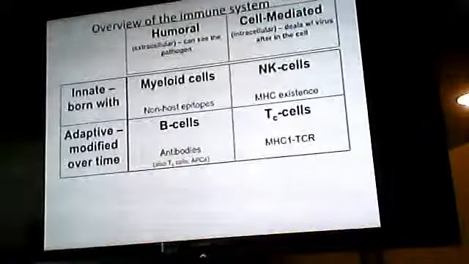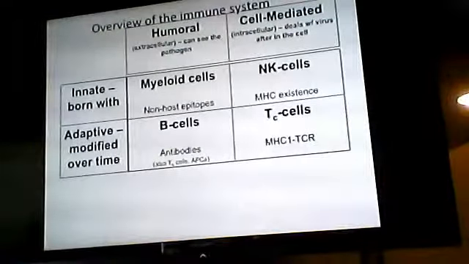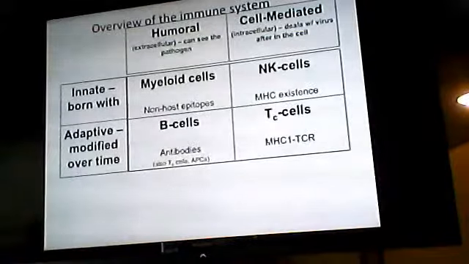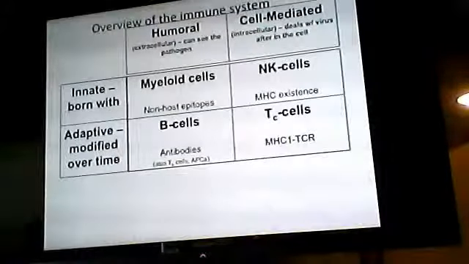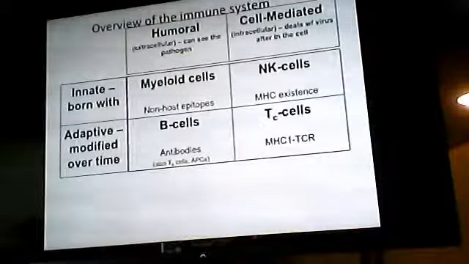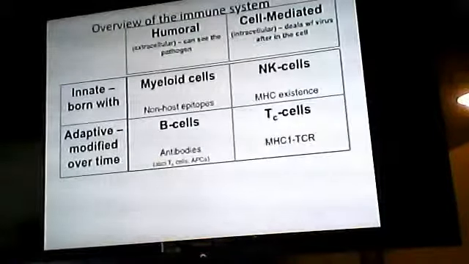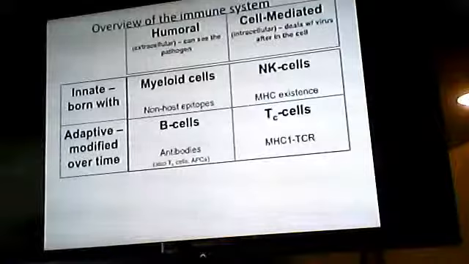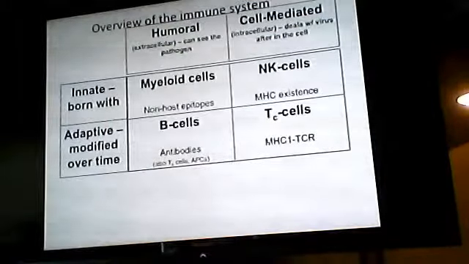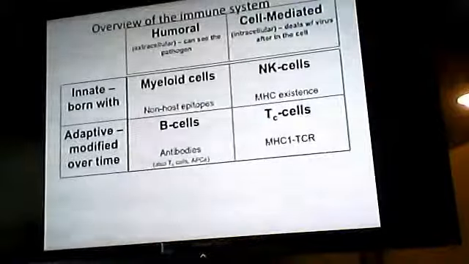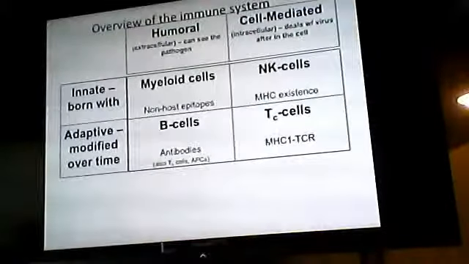Whereas with cell-mediated, the pathogen infects the cell itself, so it tends to be a little bit trickier to detect. Your cell will have to first ask, are you one of us or not one of us? And if you are one of us, are you a poser, or are you somehow infected? And then you can proceed with killing the infection.